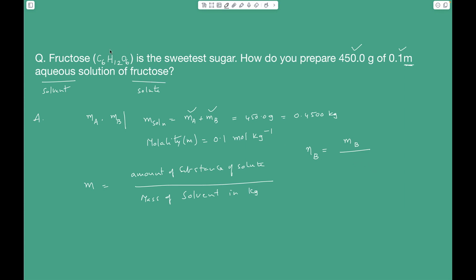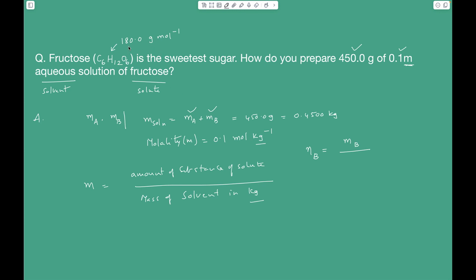Molar mass of a substance is nothing but its relative molecular mass expressed in gram per mole. The molecular formula of fructose is C6H12O6. If you calculate its relative molecular mass, it comes to be 180 approximately. So, the molar mass of fructose is 180 gram per mole. Because everything else here is in kilograms, we have to convert this also into kilograms.